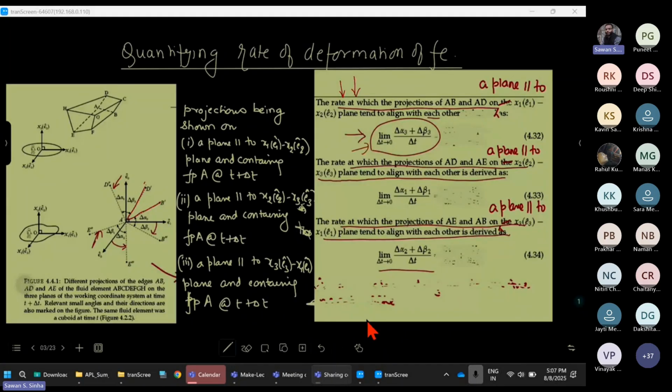That is given by what I have here. This angle plus this angle divided by delta t. This is the rate at which they are coming towards each other. The unit of this will be radian per second. Many times we don't even write radian, it will be just per second.